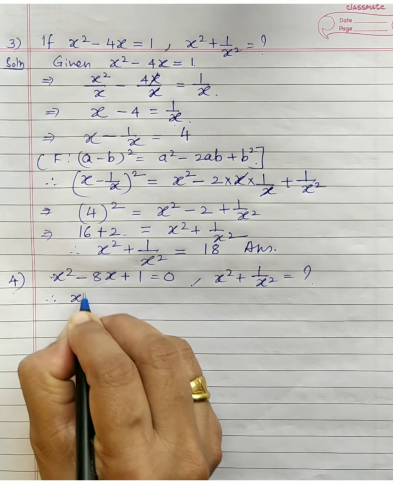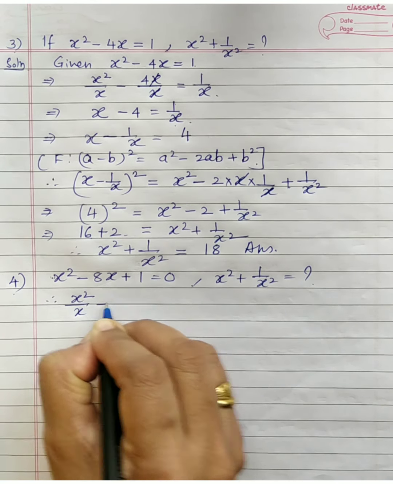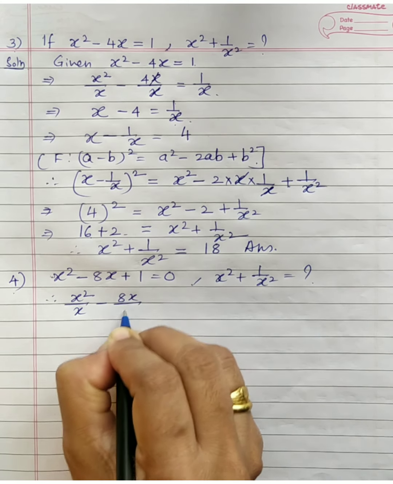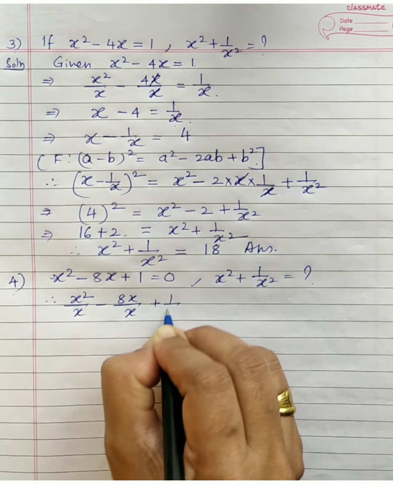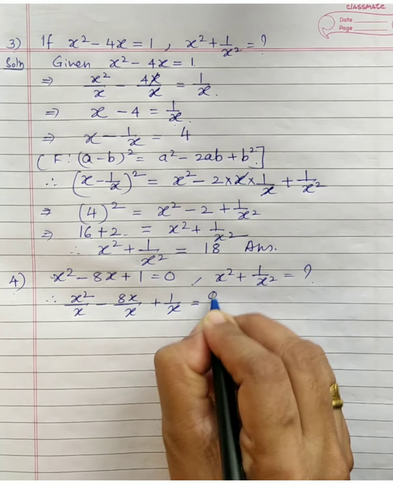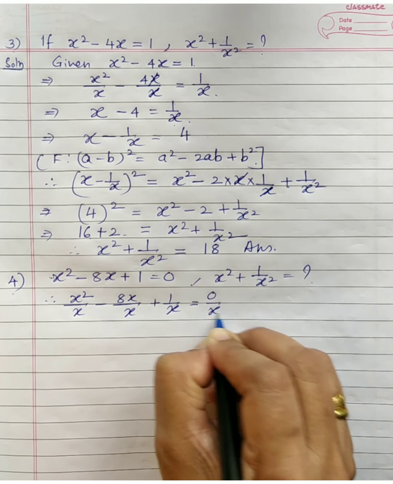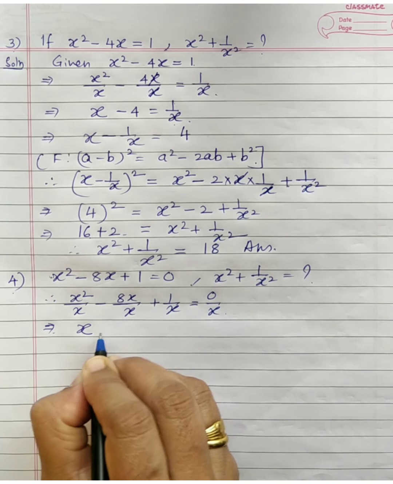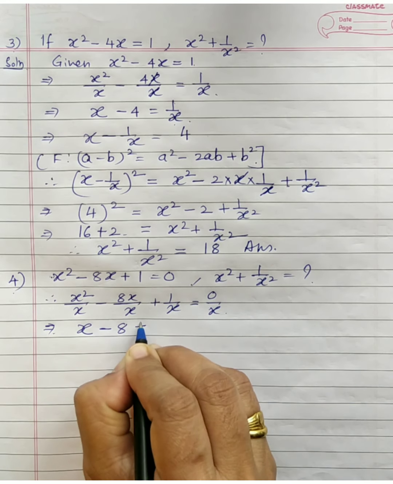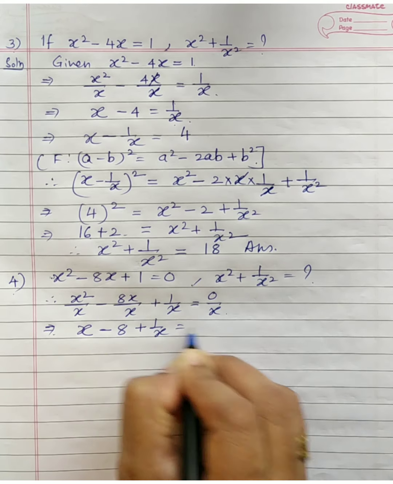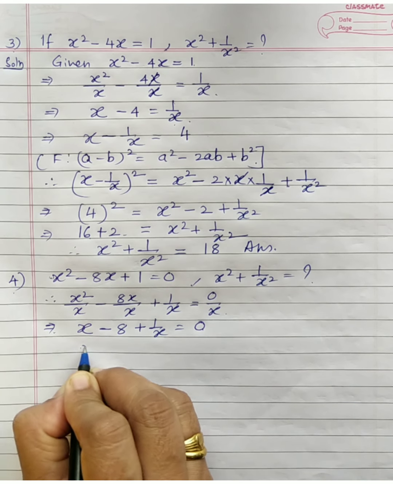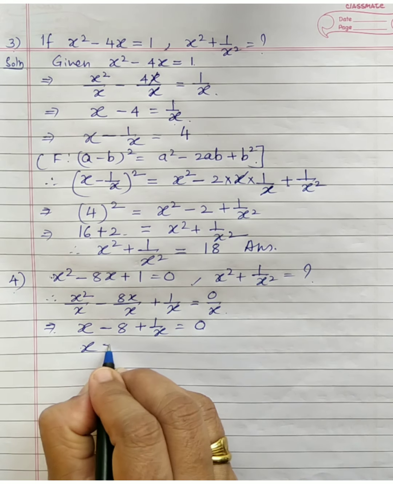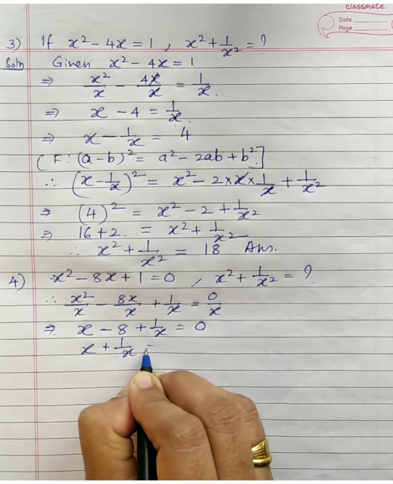So what you have? X square upon x minus 8x upon x plus 1 upon x is equal to 0 upon x. 0 upon x is what? You know, 0. So on simplifying you get here x minus 8 plus 1 upon x is equal to 0. That gives you x plus 1 upon x is equal to 8.